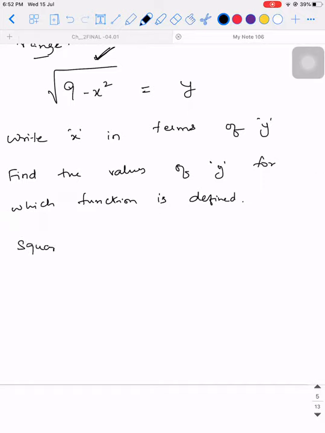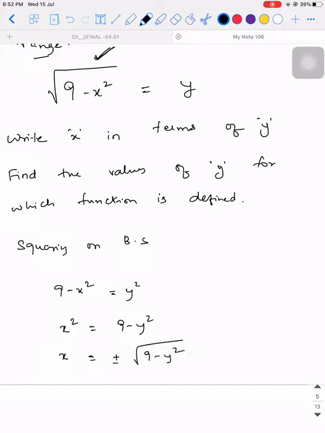So squaring on both the sides, what do I get? 9 minus x square equal to y square. Okay. Now x square will be equal to 9 minus y square. Right? X is equal to plus or minus root of 9 minus y square. Right? So what are all the values of y that I can substitute here so that the square root is going to be real?